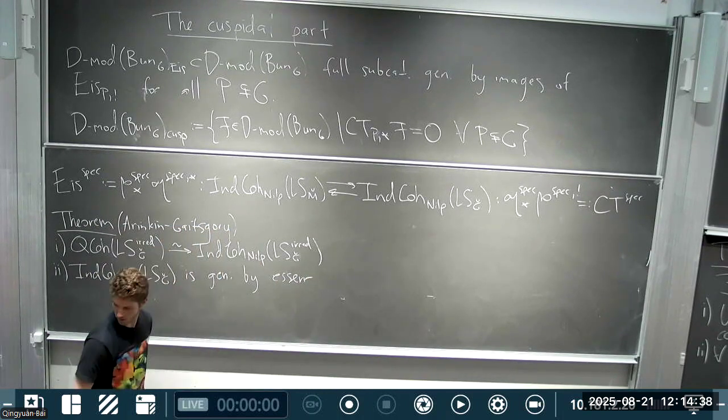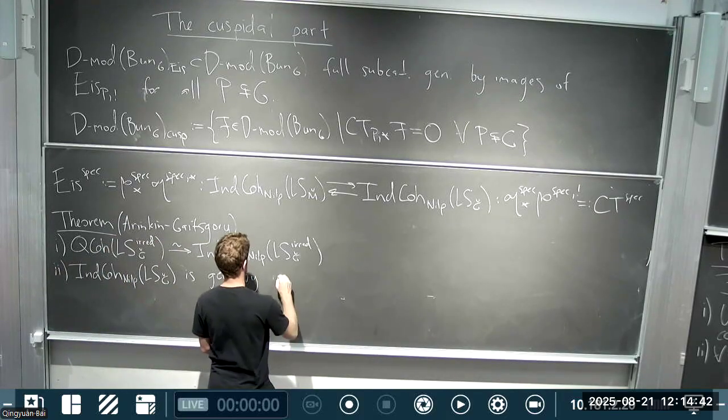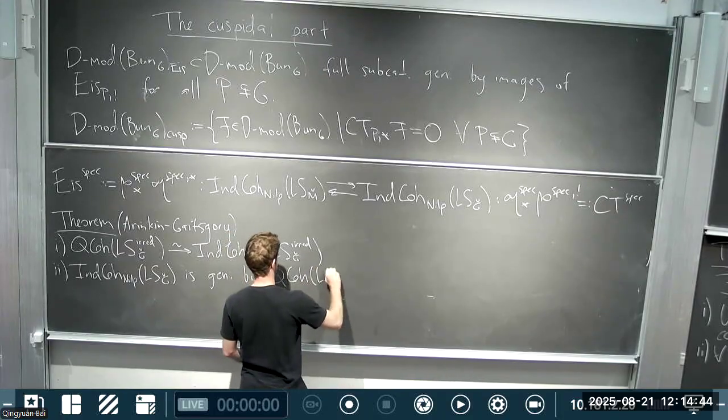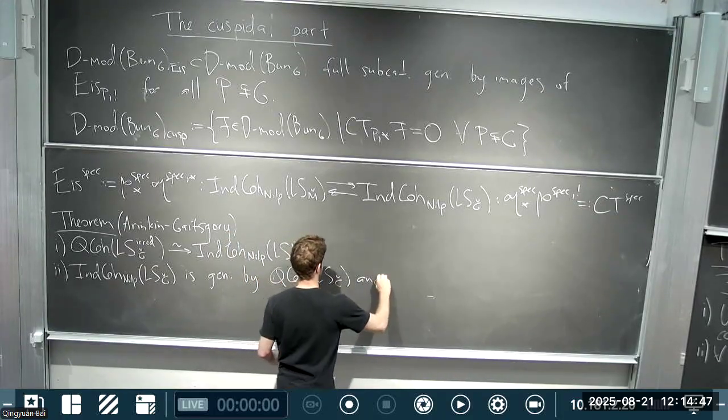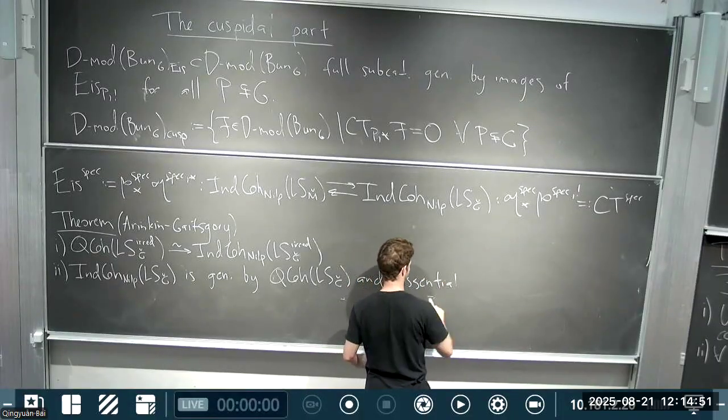That is, QCoh and the essential images of all the spectral Eisenstein series functors for proper parabolics.